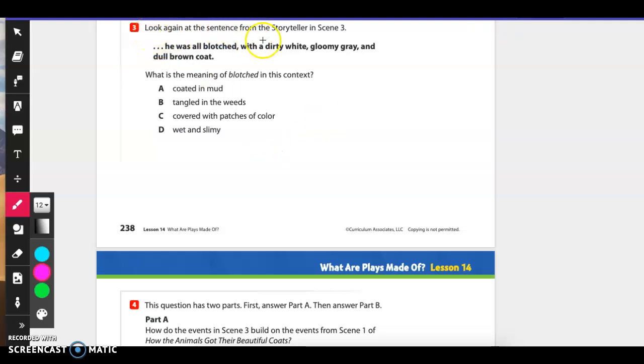Look again at this sentence from the storyteller in scene 3. So you're going to read this sentence. What is the meaning of blotched? So remember, Miss Lee has talked to you all about how I find the correct meaning in a sentence of a word, the word blotched. He was all blotched with a dirty white, gloomy gray, and dull brown coat.